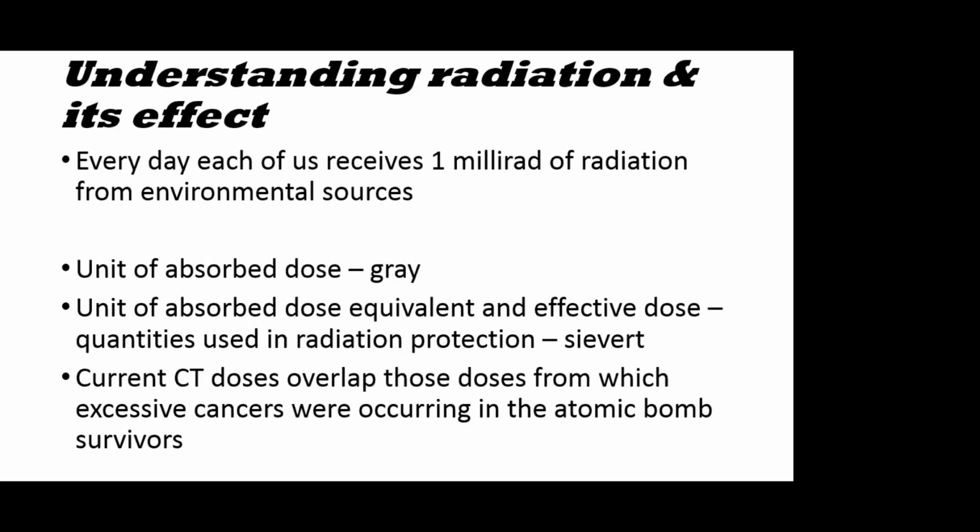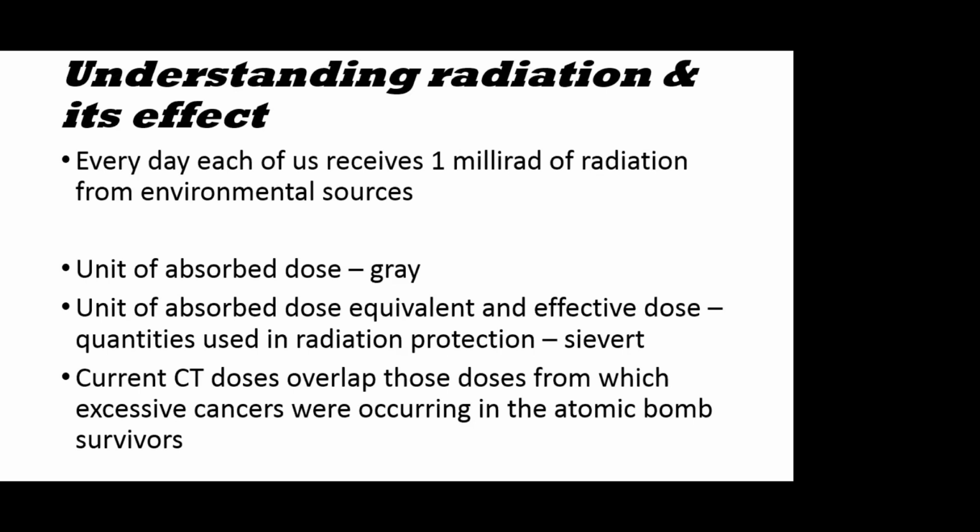Every day, each of us receives approximately 1 millirad of radiation from environmental sources, from the sky or from the core of the earth. The unit of absorbed dose is gray, and the unit of the effective dose, which is equivalent for radiation damage or radiation protection, is calculated as sievert.